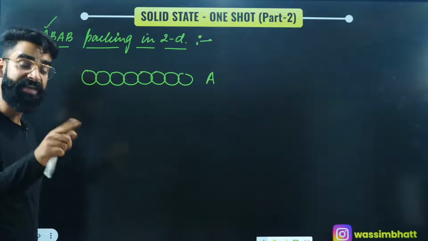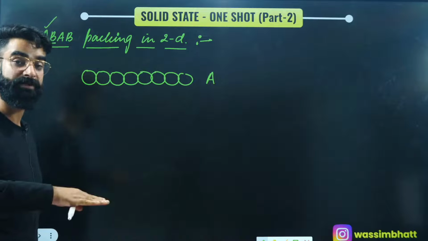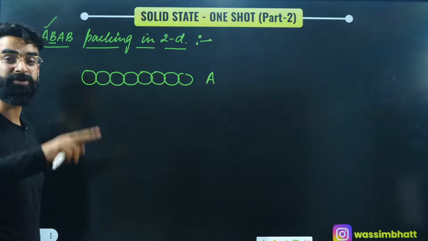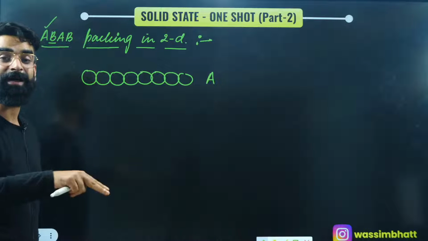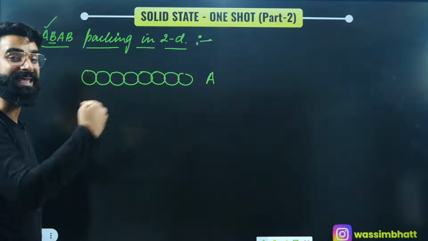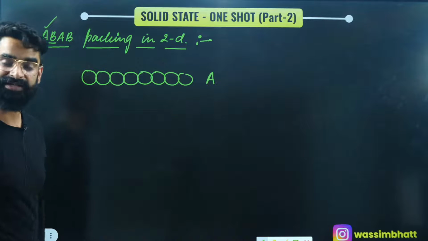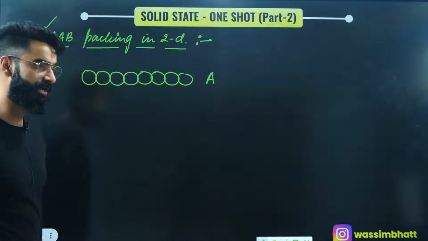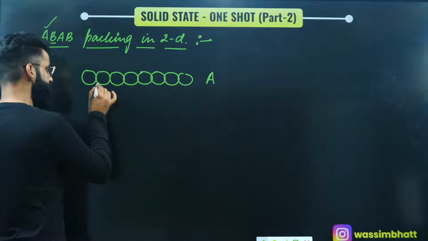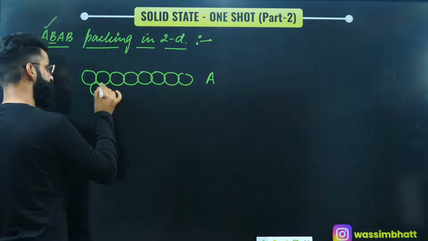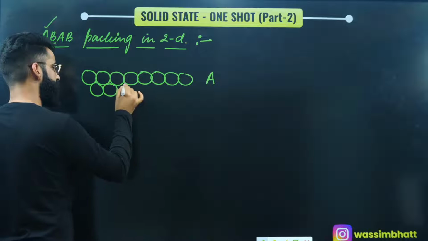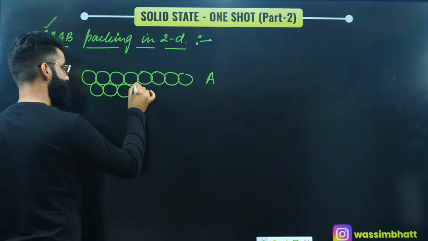If I keep the second row particles exactly below the first row particles, the two rows will be identical. It will be AA packing. But I want it to be AB packing, so the second row must be different. The second row can be different only if its particles are placed in the depressions caused by the first row, like this.